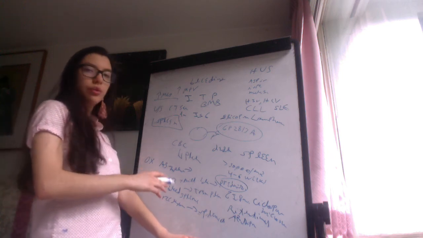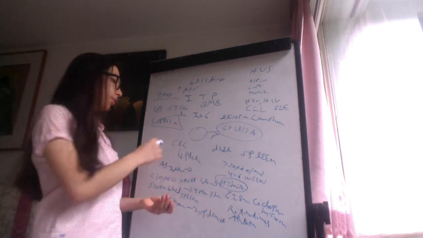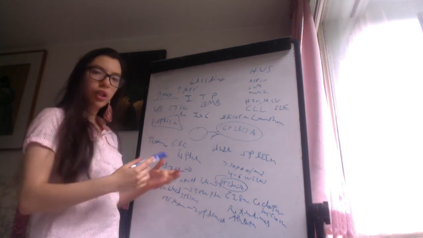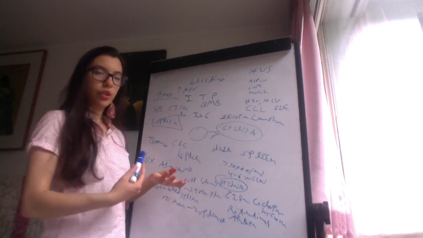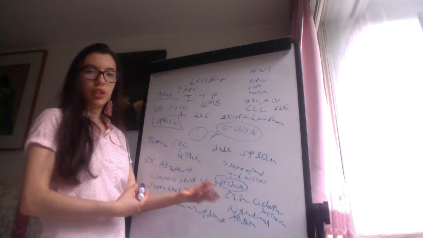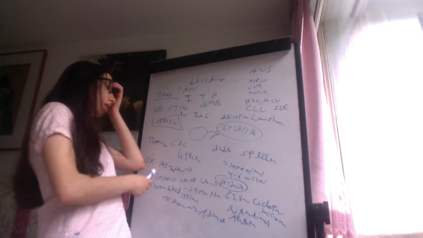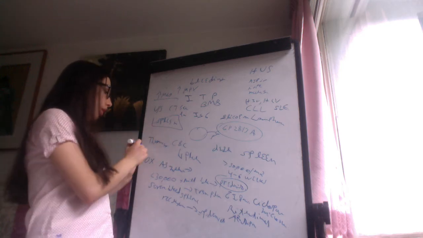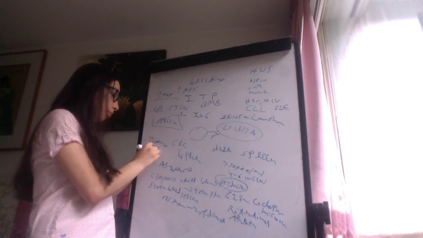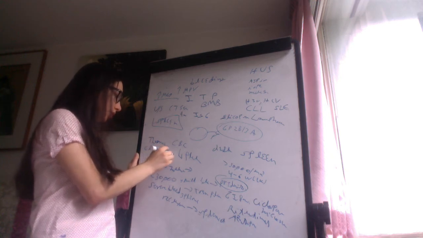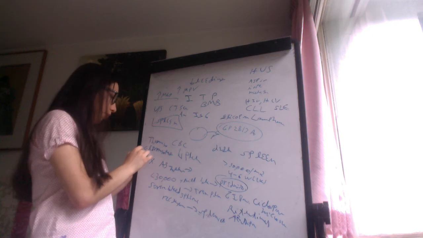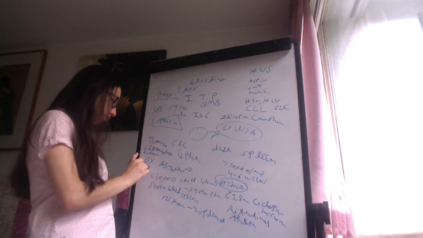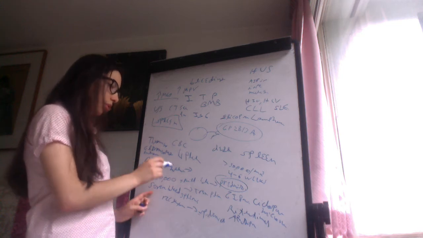Also, if we need to replace the platelets, we can give thrombopoietin. Thrombopoietin is like the hormone that makes the bone marrow produce megakaryocytes, which then differentiate into platelets. This synthetic thrombopoietin will be eltrombopag, or romiplostim. So we would usually give this.